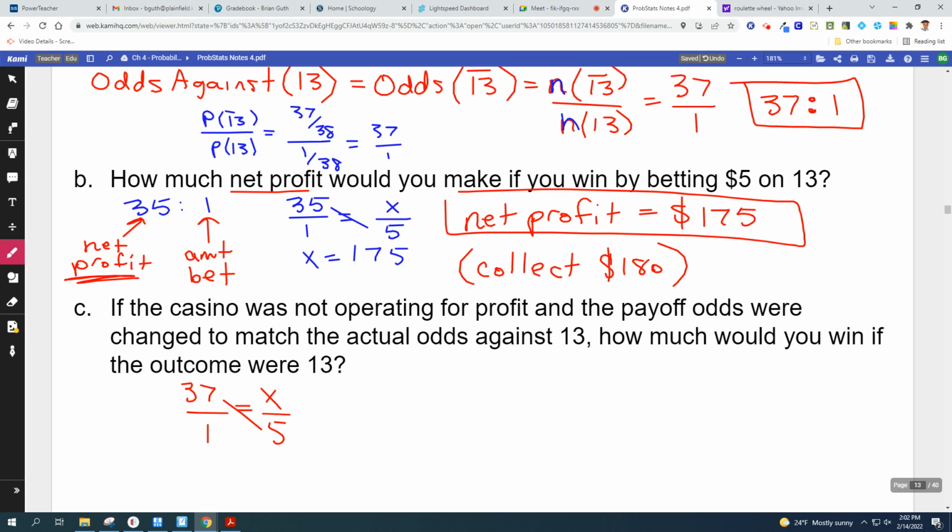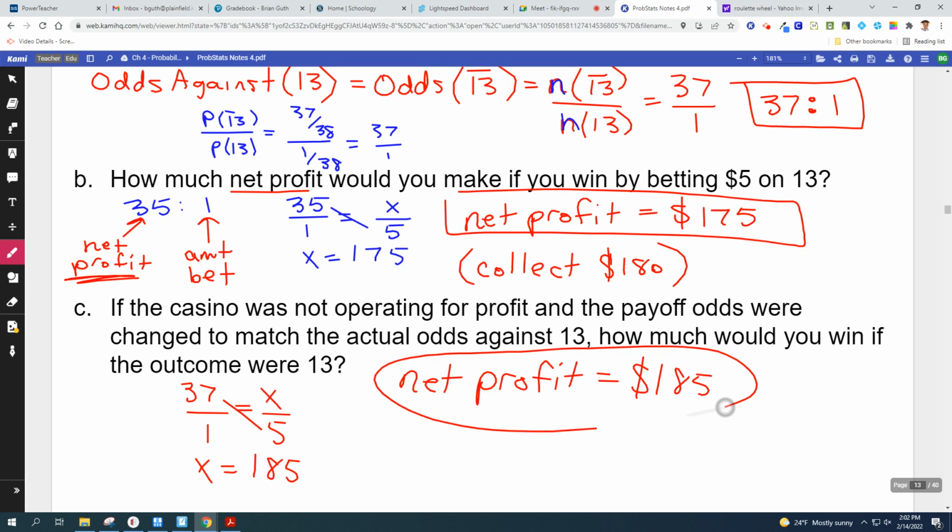We're going to cross multiply to solve. X equals 37 times 5. 37 times 5 is 185. So we just found a net profit of 185. That's your answer. Keep in mind that we would collect 190. That's the profit plus our initial $5 bet.